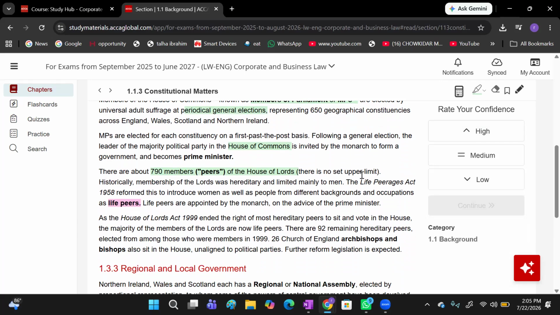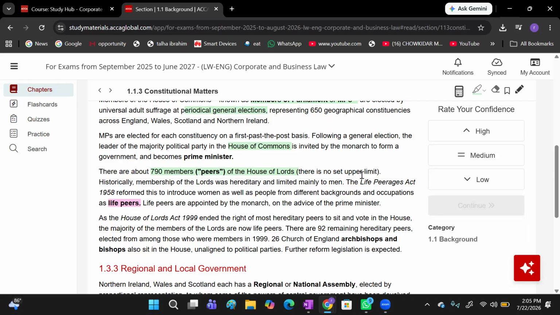Initially, before 1958, people could inherit the lordship as well. So if your father was a lord in the House of Lords, the son could inherit it, and he could also sit in the House of Lords. But that has changed now.